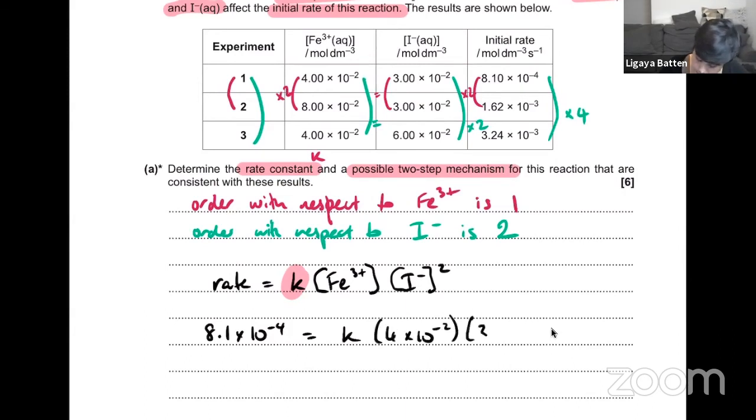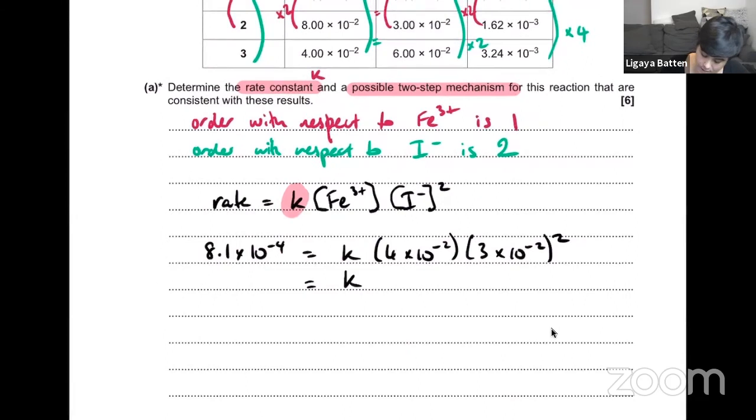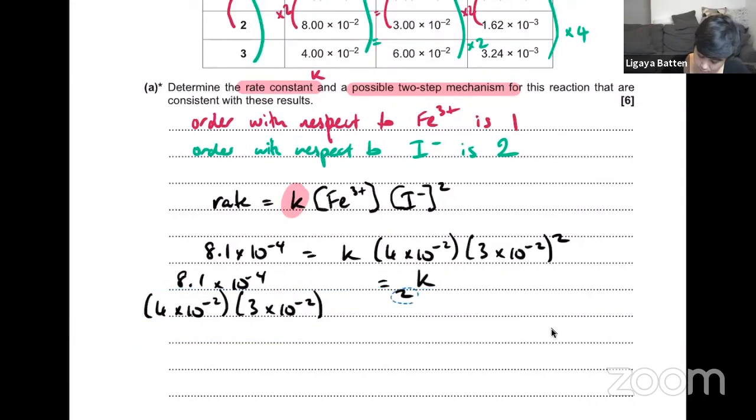And then I minus is 3 times 10 to the minus 2, but we want to square that. Then we want to rearrange for k. So we put that into our calculator to find k.